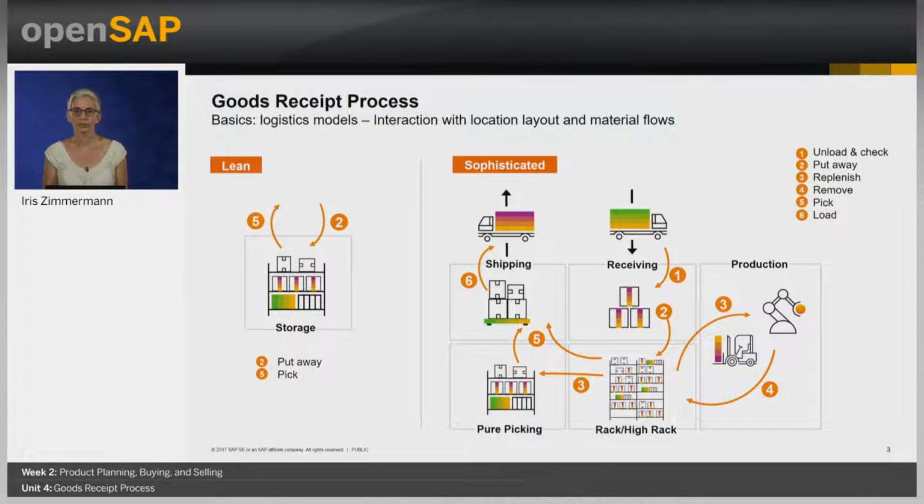This corresponds to a two-step logistics model with unload and put-away tasks. You see it reflected by number 1 and 2. It works in the same way for the outbound side with a pick and load step, represented by number 5 and 6. I'm going to show you some more aspects of the logistics model now.